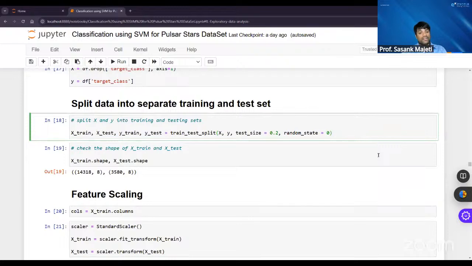If you see the shape of the training and testing data sets, you have 14,318 under the training part, and in the testing part it is 3580. So it has divided the data into 80% and 20% for training and testing, because we have given 0.2, which indicates the testing size is 20% and the training size is 80%.